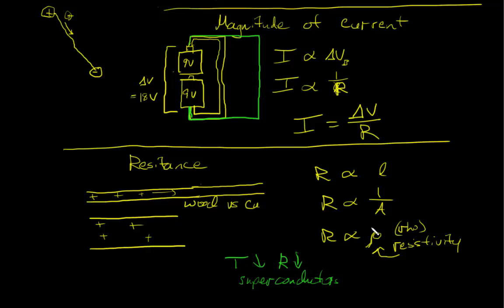So resistivity is just a quantity that will be given to you. The higher the number, the more the resistance, and then the cross-sectional area and the length of the wire are the things that determine the resistance. So let's put it all together.